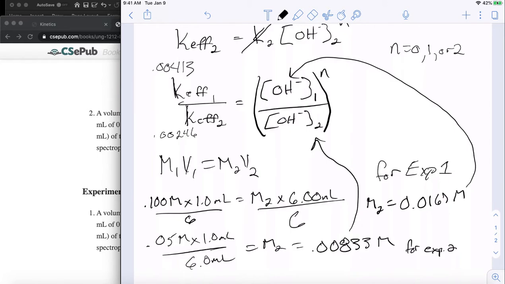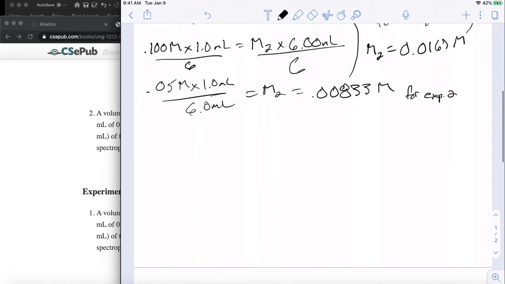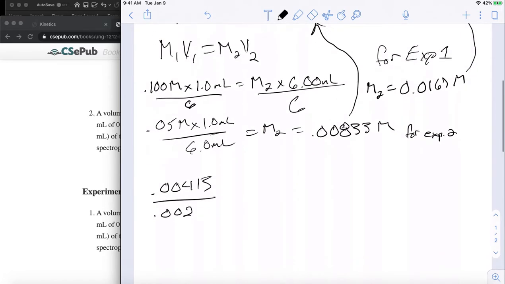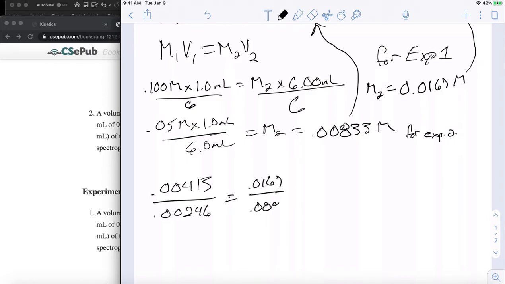And what we're going to do now is just calculate these ratios. If I take 0.00413 divided by 0.00246, that's going to equal 0.0167 divided by 0.00833 to some power n.